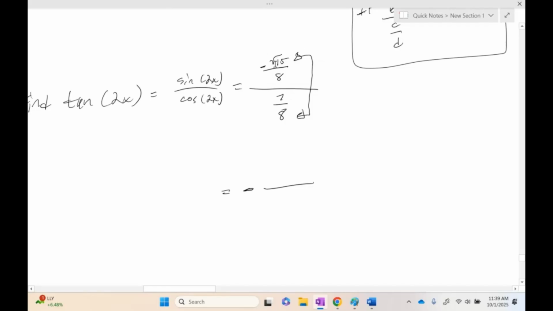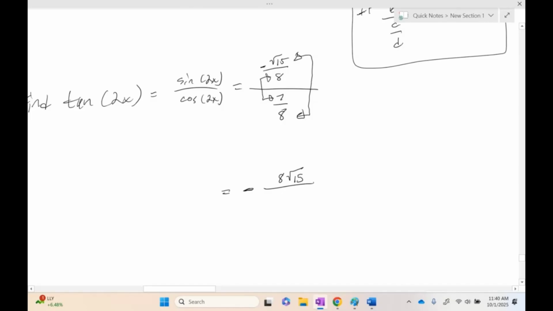When I multiply the square root of 15 times 8, the only thing I can really do is write that out as 8 times the square root of 15. And then I can multiply the bottom of the top and the top of the bottom.